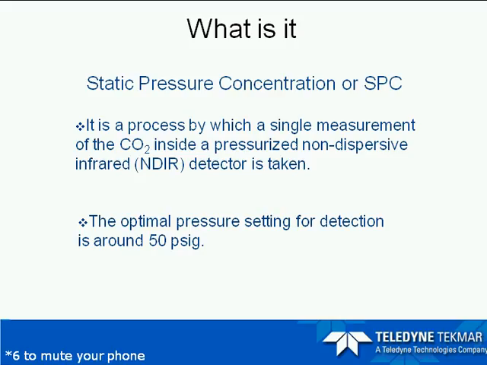Those are the 2 salient points from this slide, because unlike flow-through cell, we're not taking multiple measurements, and we're pressurizing the detector. We've pressurized optimally to around 50 psi, and that means for most measurements, and I'll cover this later on in a little more detail, that we're using 50 psi as our default pressure.